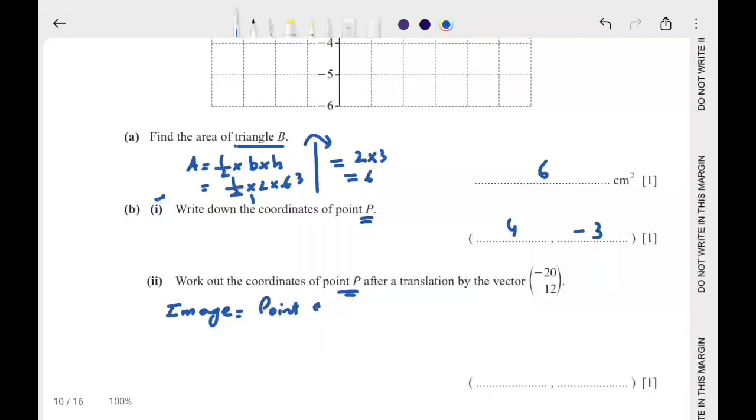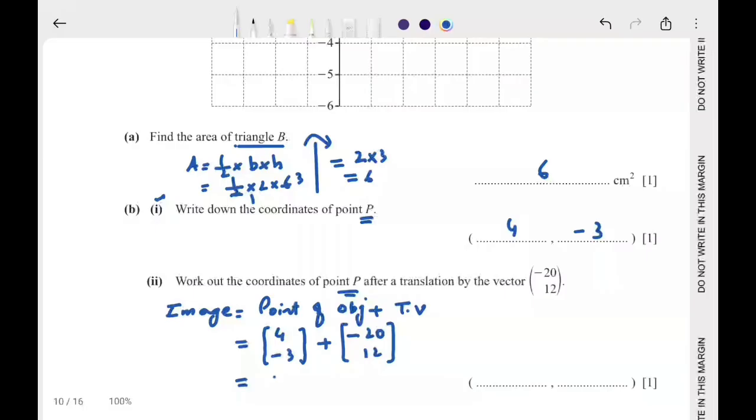point of object plus translation vector. So the point of the object is (4, -3). We write it in column vector form, plus (-20, 12).